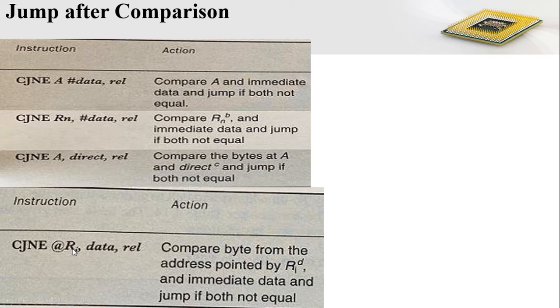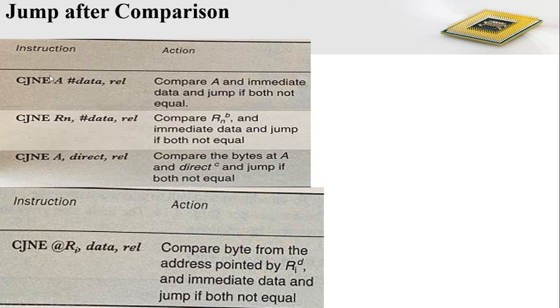Here the content of the memory location, whose address is pointed to by the Ri register, is compared with an immediate data. Here we need a hash symbol for the immediate data. If they are not equal, it performs a jump to the given relative location.